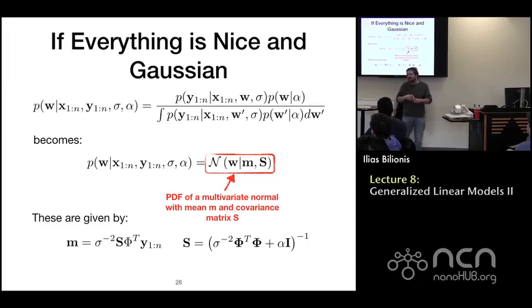If you look carefully, you will see that the mean is the same as the one you would get by maximizing the posterior. The weights you would get by maximizing the posterior are the mean. If you made alpha 0, that would be the least squares estimate.